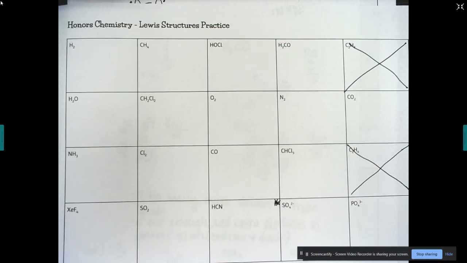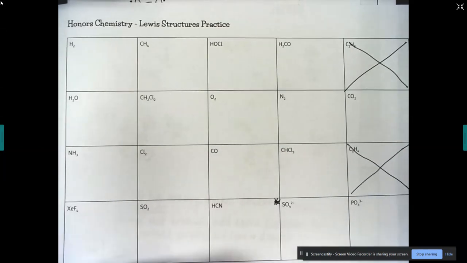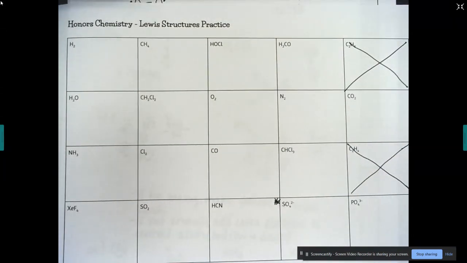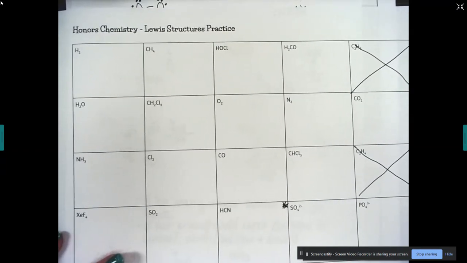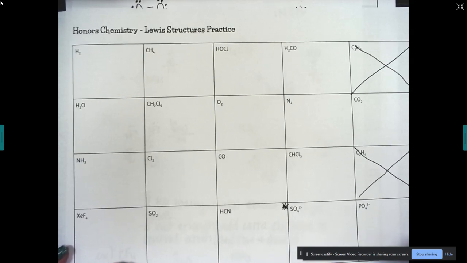All right. So try these. The first one will be the easiest one. And if you want to go ahead real quick and fill in the ones we did, that's fine. So let's see, we did this one.